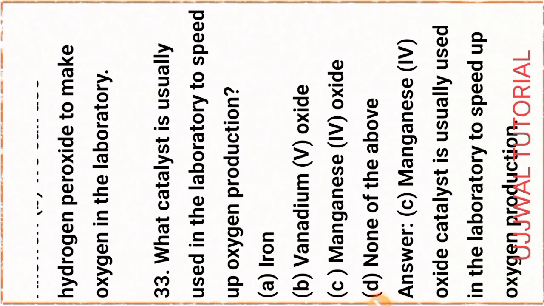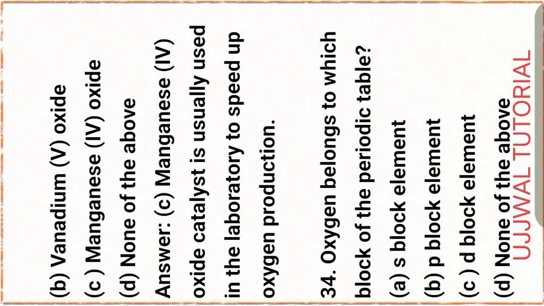What catalyst is usually used in the laboratory to speed up oxygen production? Option C, manganese dioxide. Manganese dioxide is usually used in the laboratory to speed up oxygen production.